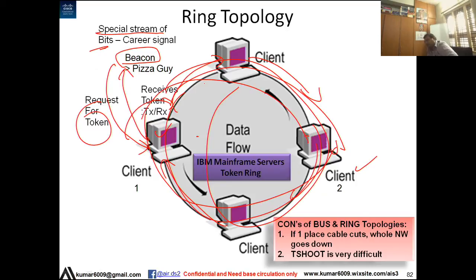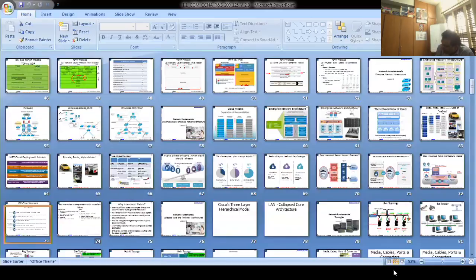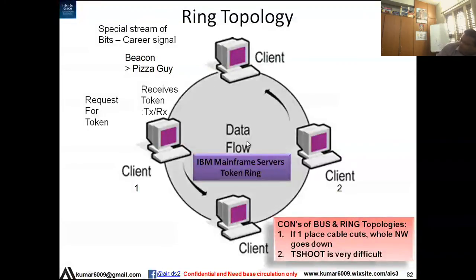Whoever requests a token again can use it, like when we go to a bank, they give you a token. When your turn comes, you can use that service based on the token. That's why we call this a token ring. Every customer gets a token, and based on the token, they are allowed to use the media.